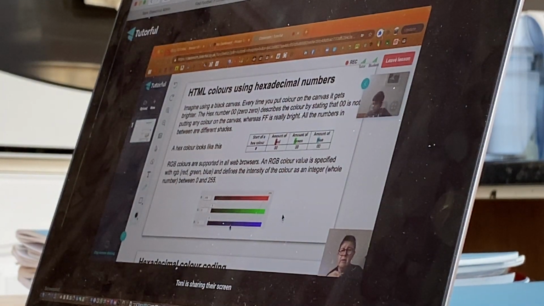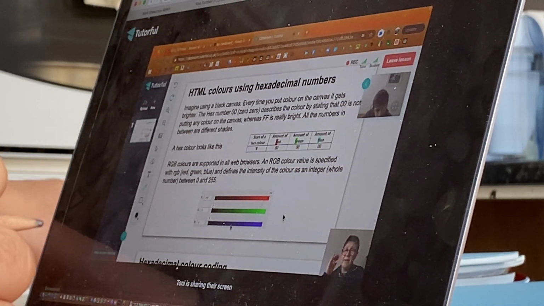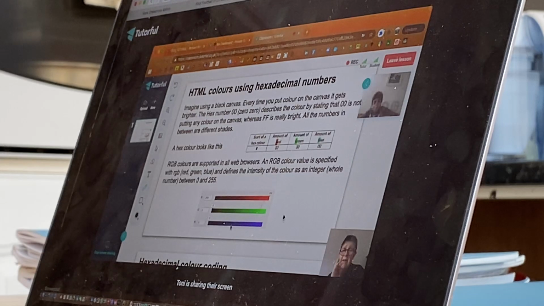When you use them, you always put the hash in front of it. Do you remember we talked about the FF? The F is the highest hexadecimal number that you can have. So the FF is as bright a colour as you can have, and the 00 is the least amount of colour that you can have.